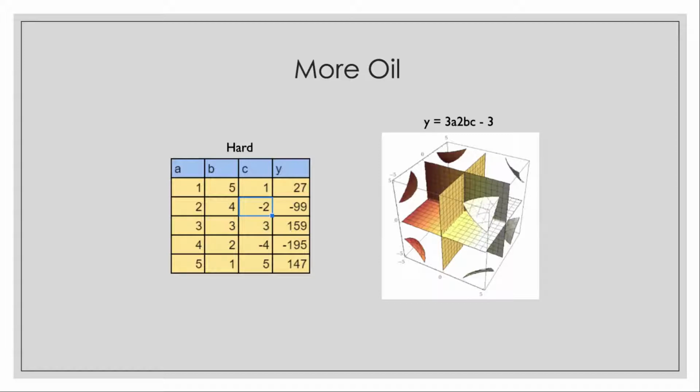And here's another one. This one has three attributes and one classifier, Y. You can see just by the visual representation, it's kind of hard to understand how the classification works.